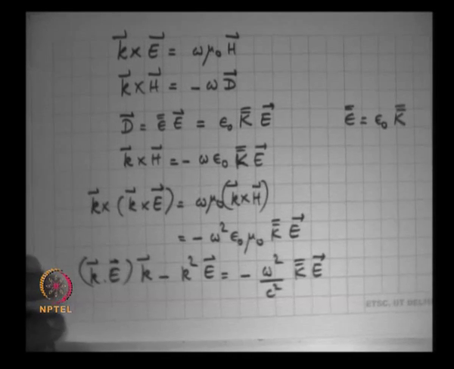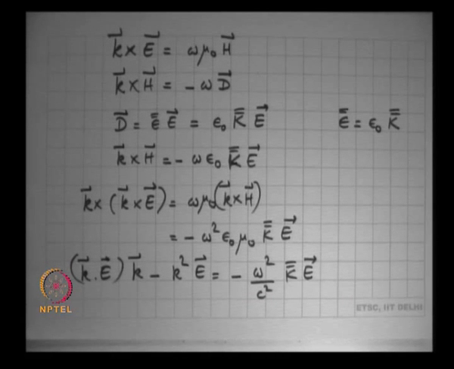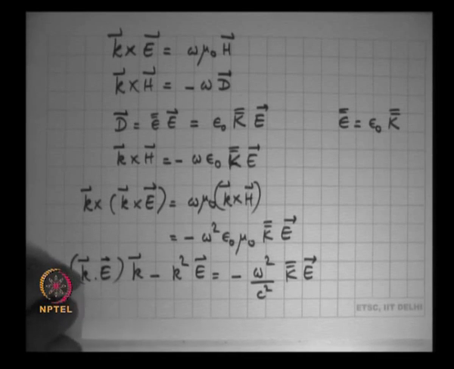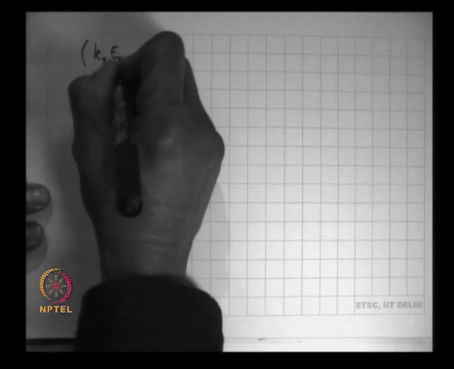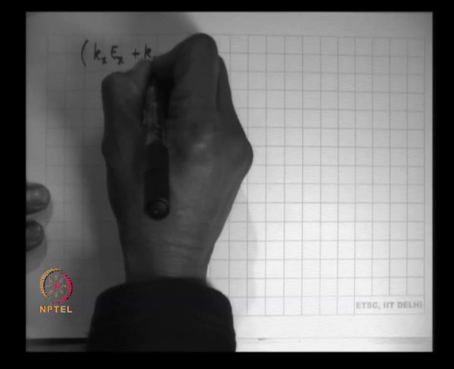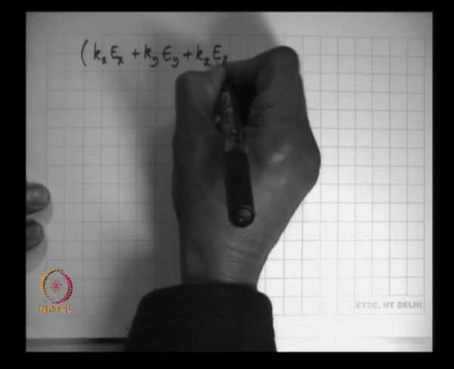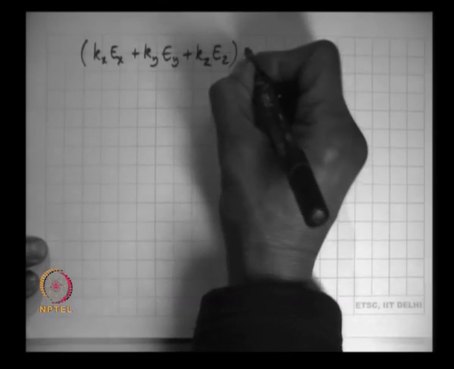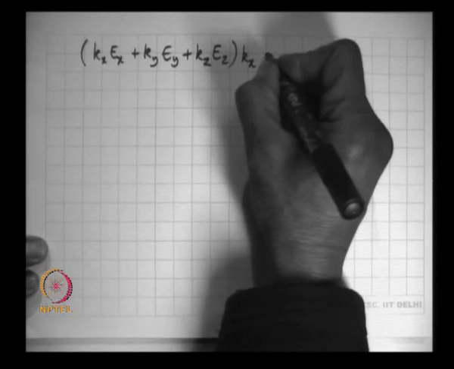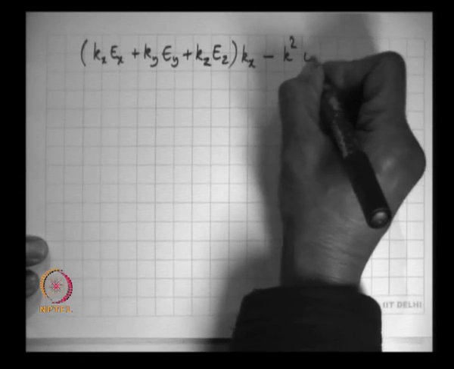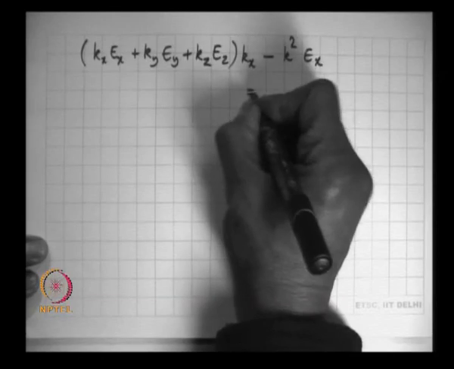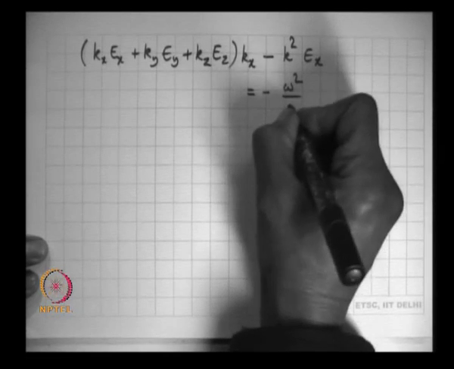So, this equation actually contains 3 equations, 3 Cartesian component equations. So, let me write each equation. For example, the x component of this equation becomes (kx Ex plus ky Ey plus kz Ez), a bracketed term, times kx, that is x component, minus k square times Ex is equal to minus omega square by c square.